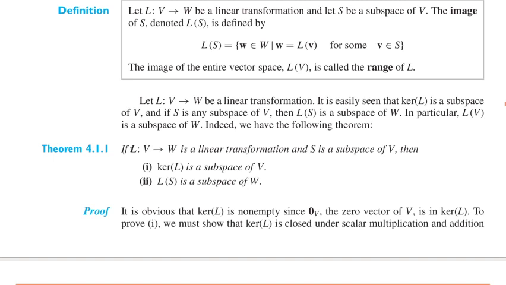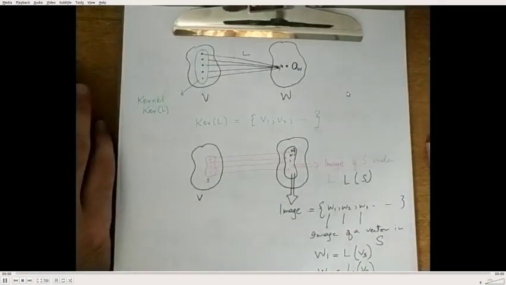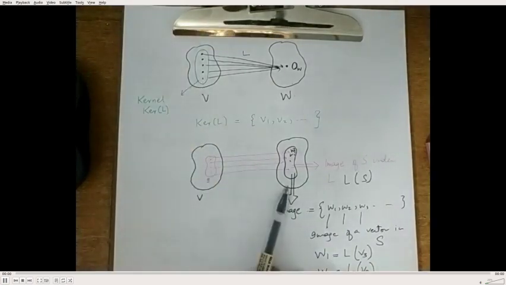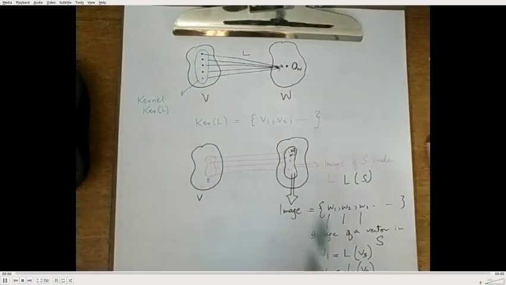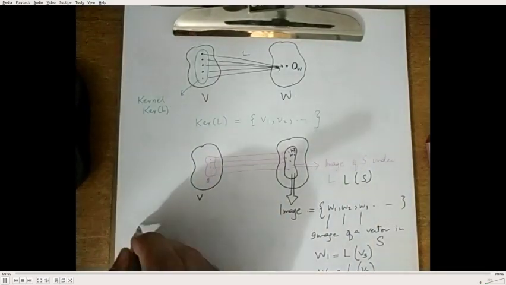This theorem tells us that if you have a linear transformation, then both of these collections that you've now made, we know nothing about them, but we have a theorem that tells us two important details.